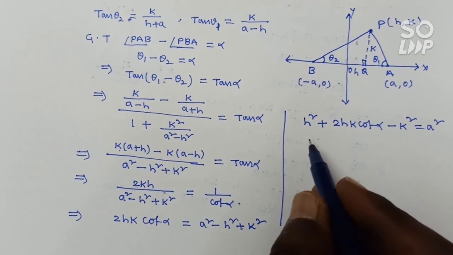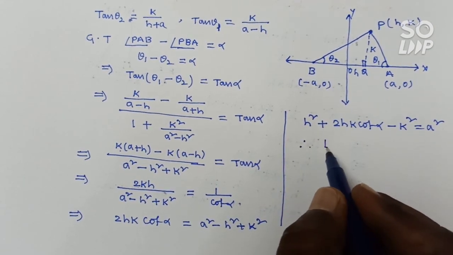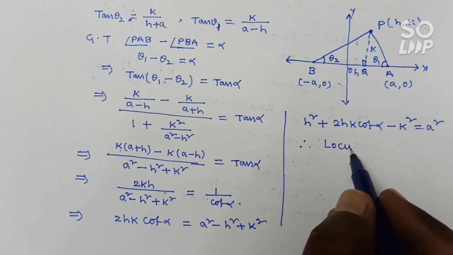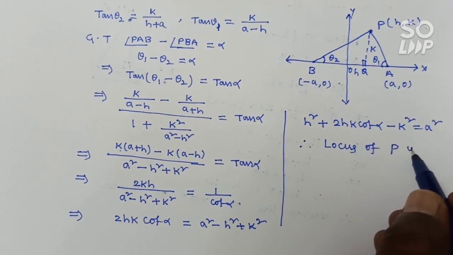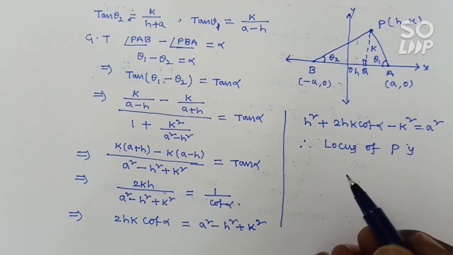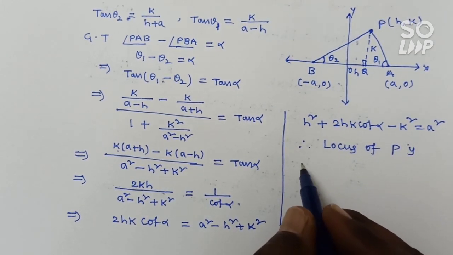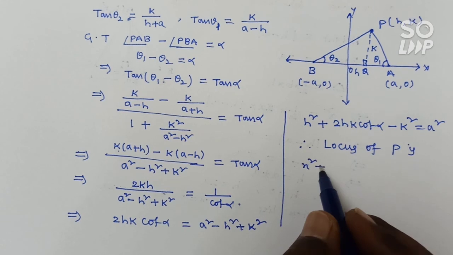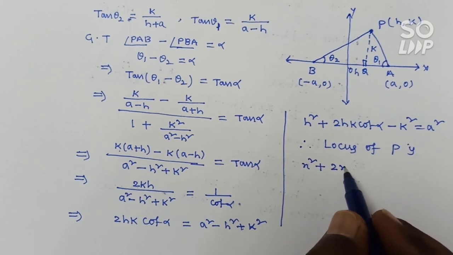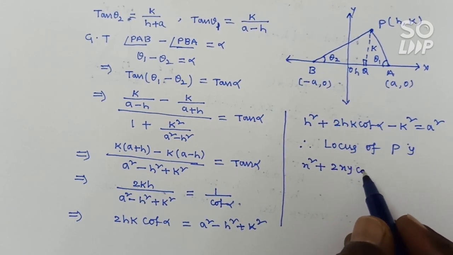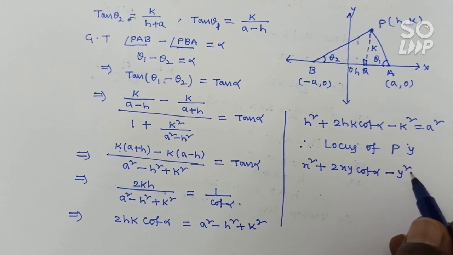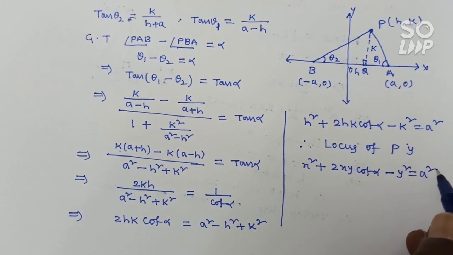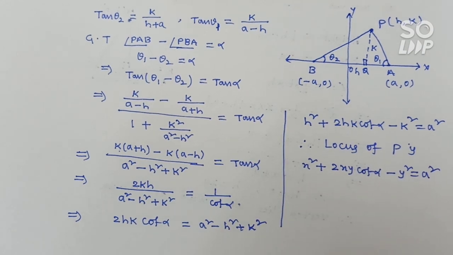It is the P point coordinates. Therefore the locus of P is: replace H by x and K by y, x square plus 2 into xy into cot alpha minus y square is equal to a square. So your answer will be this one.